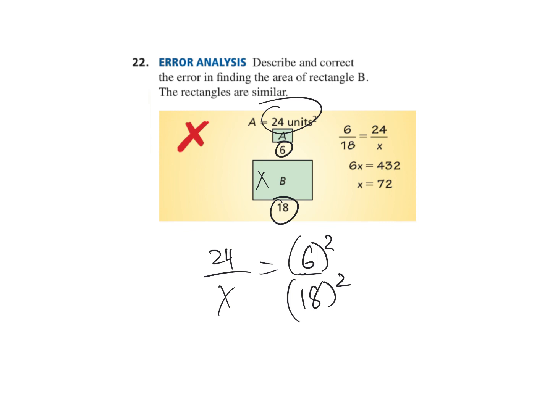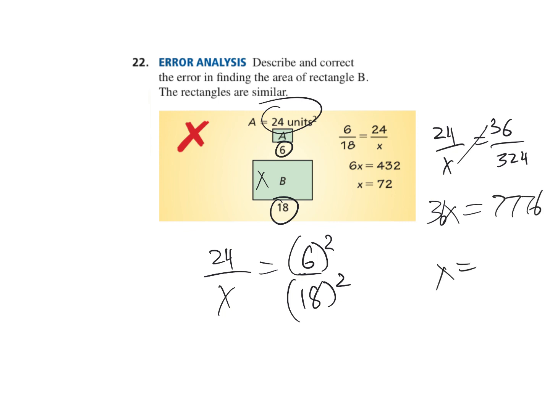So we get 24 over x equals 36 over 324, since 18 squared is 324. Cross multiply, 36x. Multiply 324 by 24 and you get 7,776. We divide off the 36 and you get 216. So the area of the bigger rectangle is 216 square units.